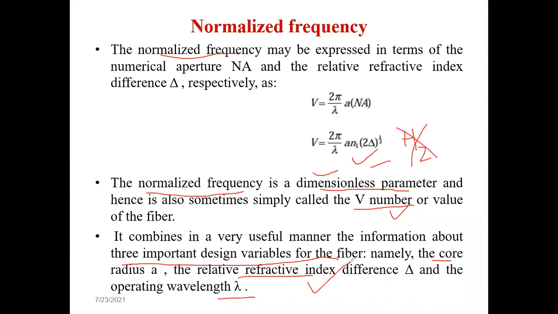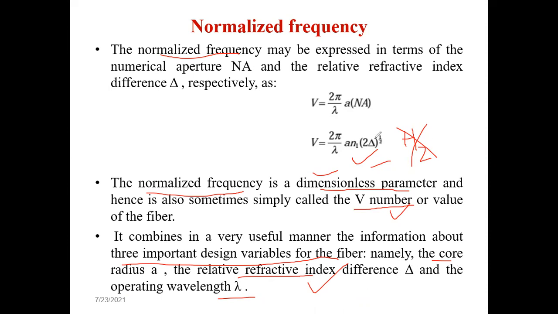But when I mention the relative refractive index difference delta, which is nothing but a relation between n1 and n2, by default we have the values of the core and cladding refractive index. Without the values of core and cladding refractive index, we cannot do all the calculations that you have seen throughout all those formulas. So instead of n1 and n2 separately, we have delta, the relative refractive index difference.